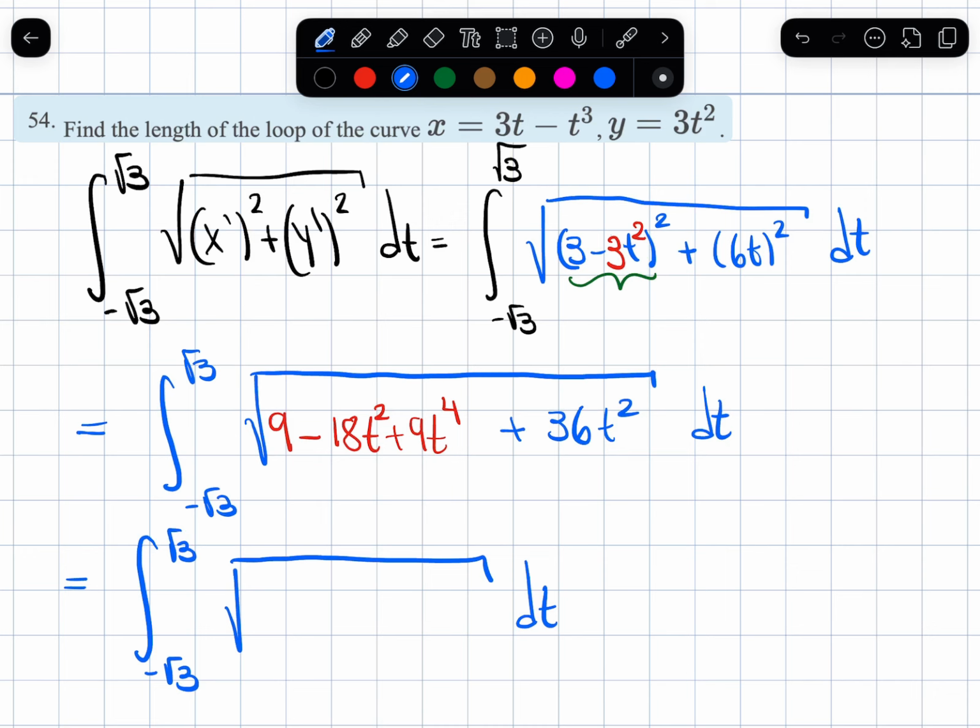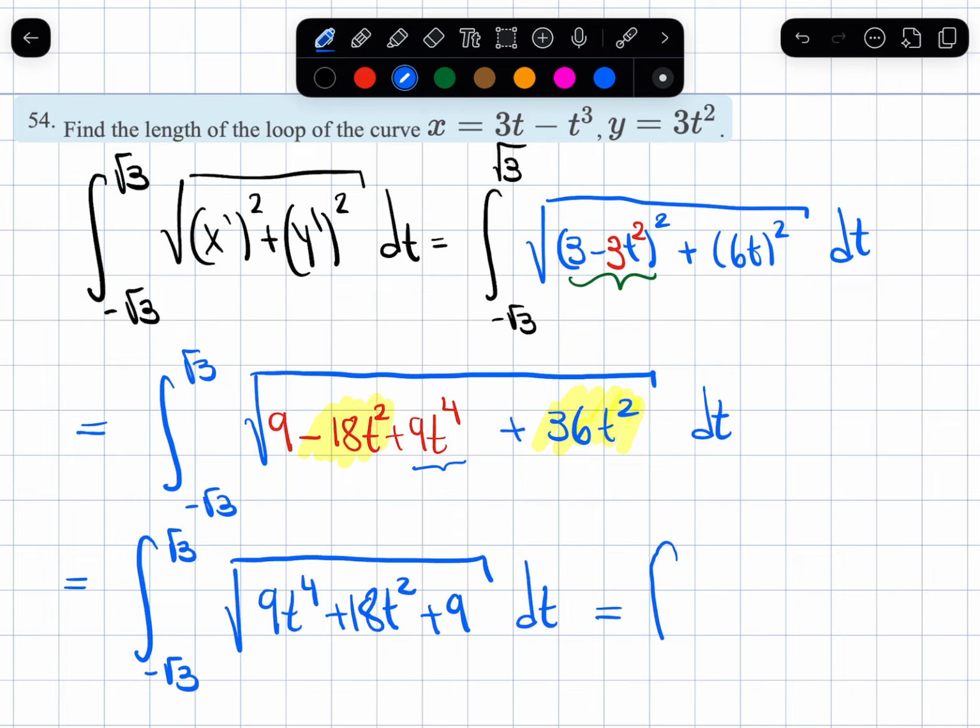And then now this changes into, oh, this is a lot easier than a trig sub at this point. So this is 9t to the power 4. And then I get to combine this and this. And again, this only changes from a negative 18t squared to a positive 18t squared plus 9.